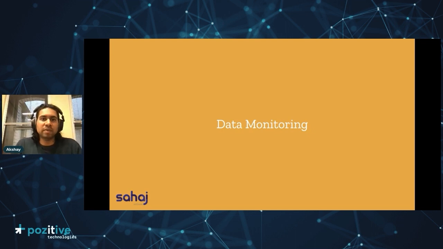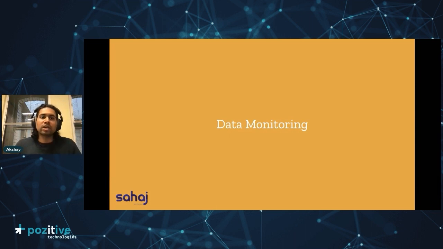So speaking a bit now about monitoring. Once you've introduced all these data quality checks and you've started to build your data product, how do you make sure that it is in fact reliable, and how do you make sure that it continues functioning the way you intended it to?